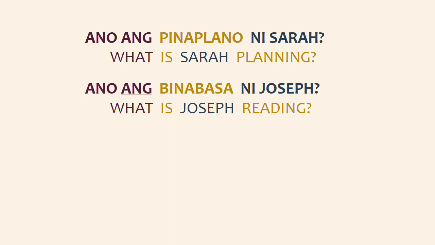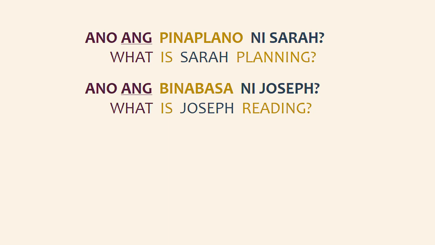So if you look at these two examples, the markers that I used before the doers of actions are ni, not si. Because si is a subject marker, and again, the doer of action should not be the subject or focus. So we should not use si.